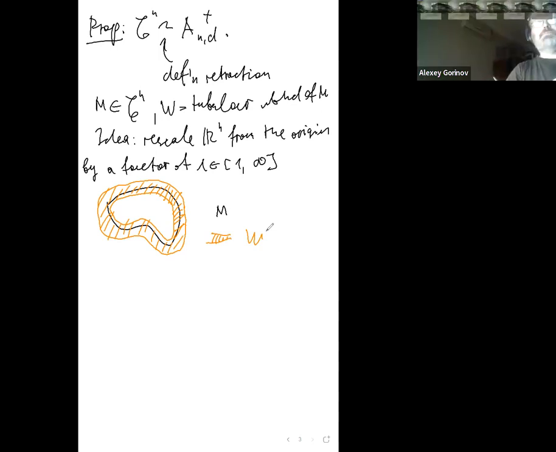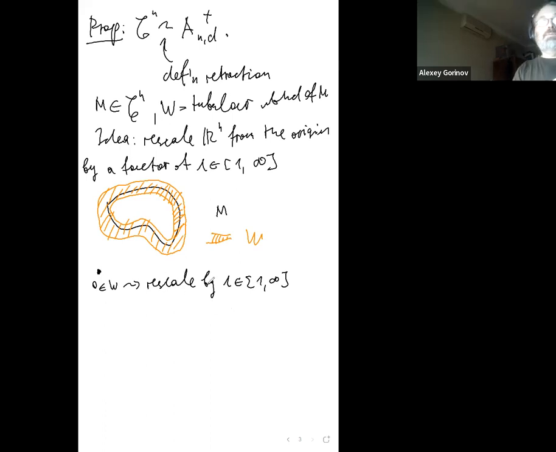Now, if the origin does not belong to W, then I just take the rescaling by a factor which varies from 1 to infinity.